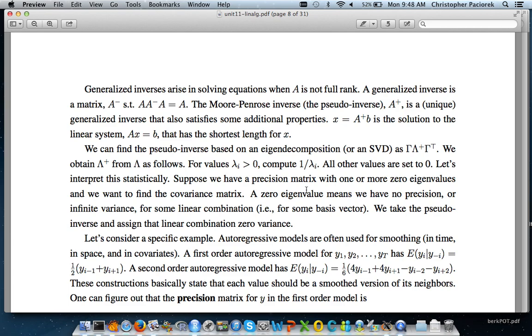So the idea of the pseudo inverse is to take this 0, and now when I'm computing this, instead I'm going to compute gamma lambda plus gamma transpose. And what is this? Well, lambda plus is just going to be equal to 1 over lambda 1, 1 over lambda 2, and then whenever I have a 0, and I would be about to put in an infinity there, I'm actually going to replace it with a 0. So I'm going to keep the original 0 that was there.